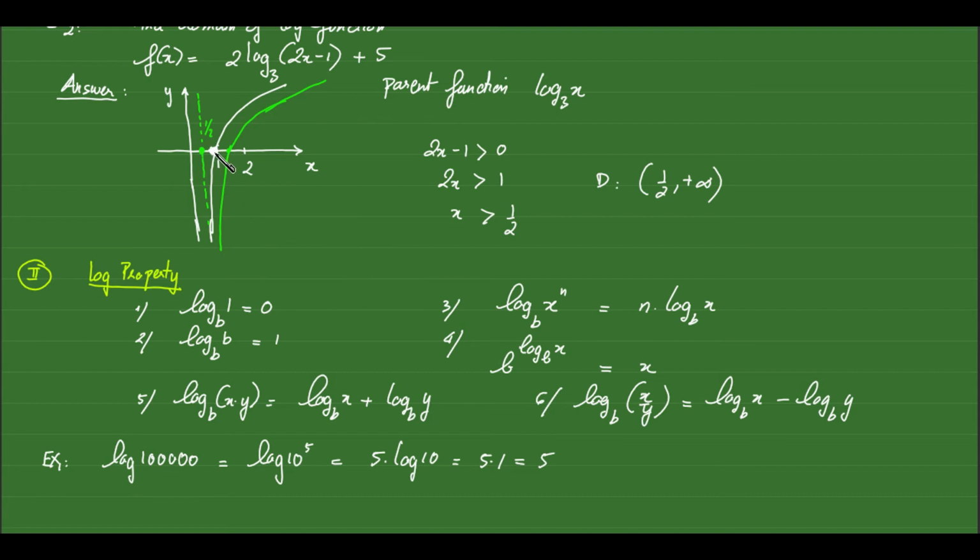The coordinate of the point over here is 1, 0. Actually, I use the log property here when I replace x with 1, and this turned out to be 0. So that is the point right there.